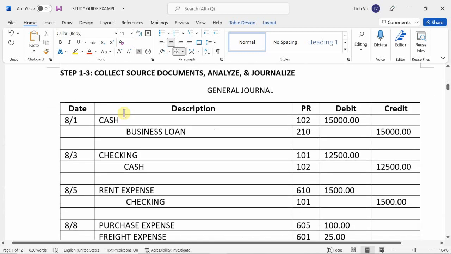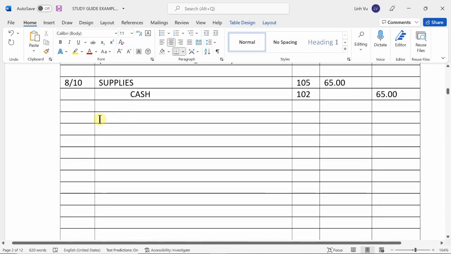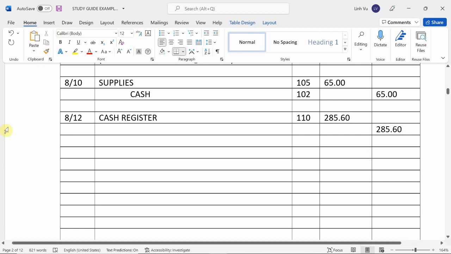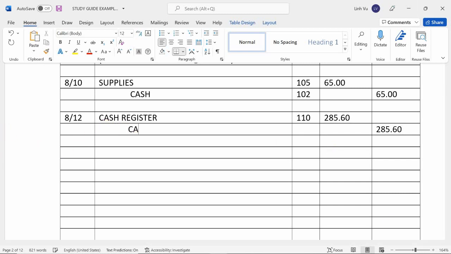Okay, so let's see. August 12th, I purchase a cash register for $285.60. And how did I pay for it? I bought it with cash.